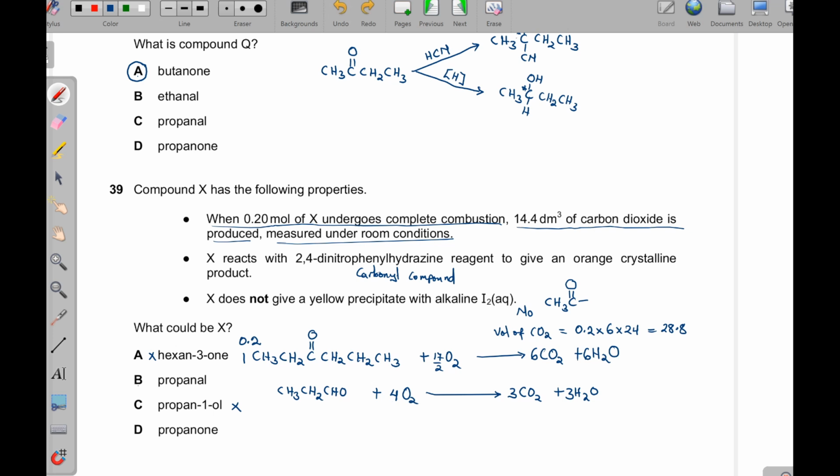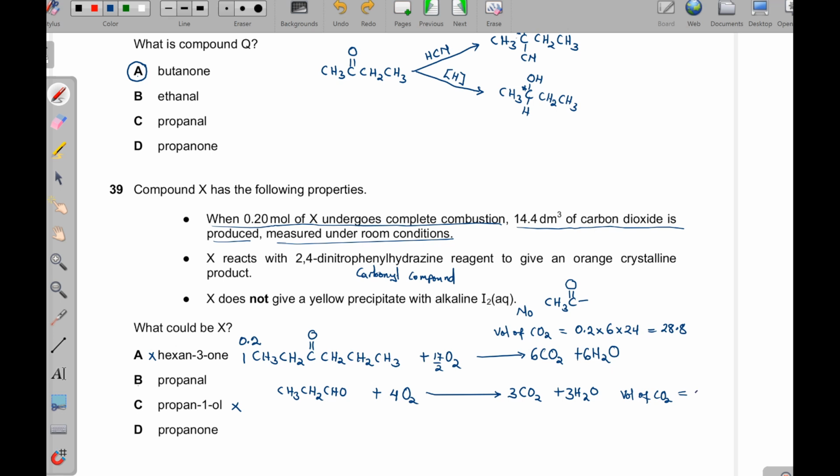Now, do you realize that the moles here are 6, but here we are having 3? So it's just a half of this. That means my volume of carbon dioxide is just going to be a half of this, which is 14.4.